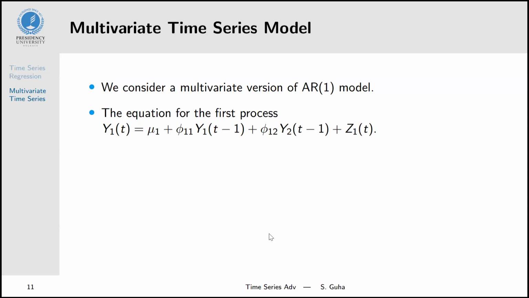Let us first take the first variable or the first process. How would an AR model look for the first variable, if we had only a single variable? So the model would look like this. AR1 model.